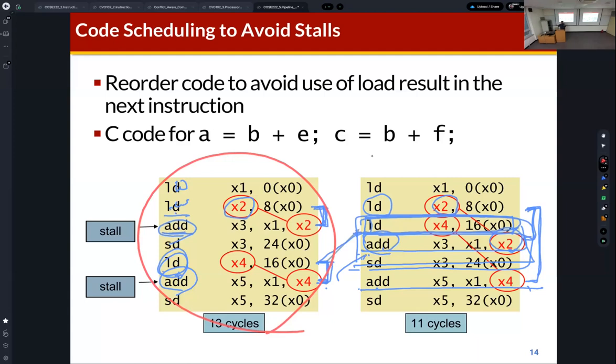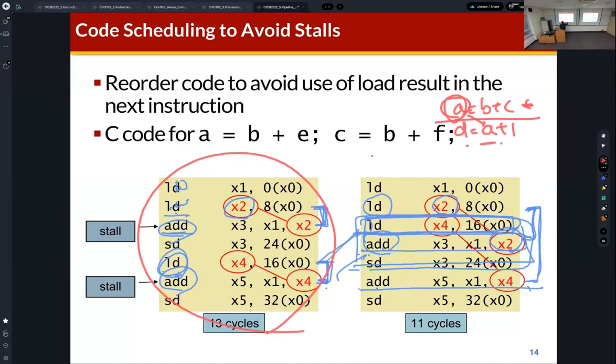But we also need to keep some data dependencies. So we cannot change the order of A equals B plus C and then D equals A plus 1, because A needs to be generated by the first statement, and then the result of this former statement is used by the next statement.